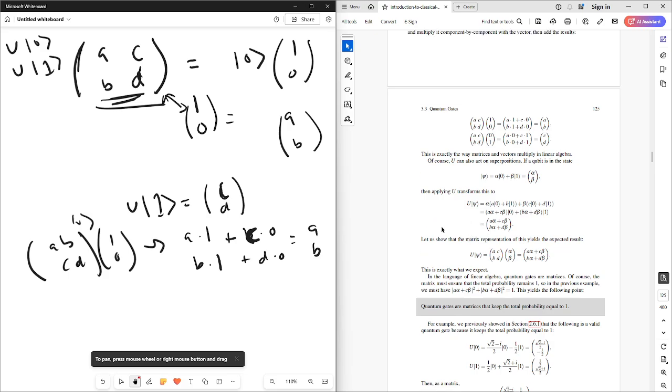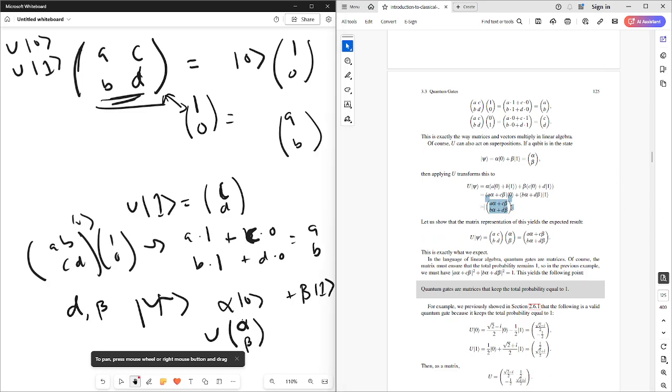You can also act on superpositions, alpha and beta. So psi is alpha state 0 and beta state 1. The effects of psi are going to be our U matrix times the column vector representation here.